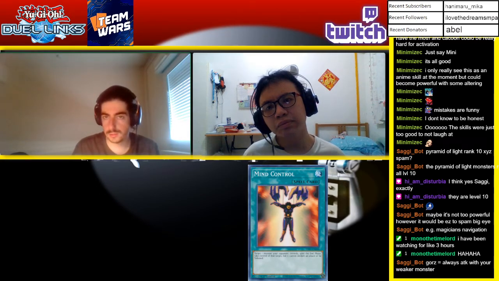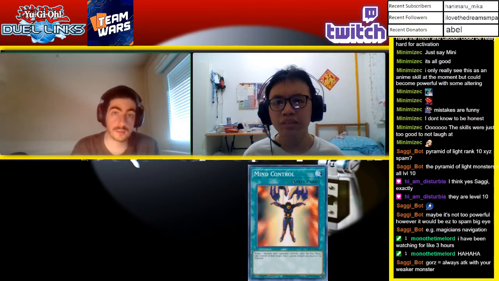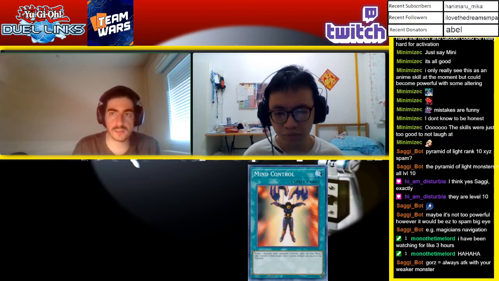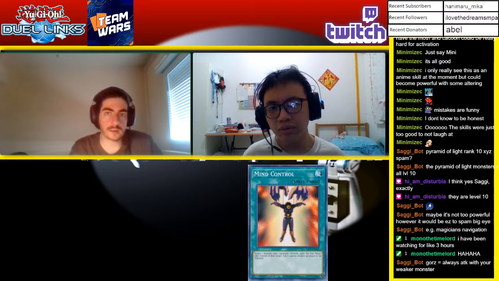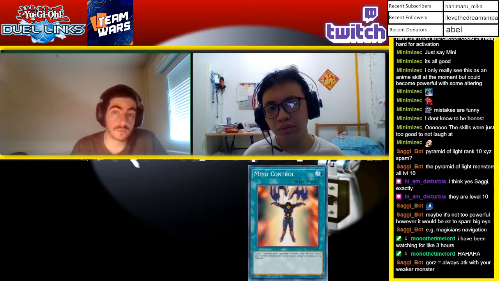Also, the restriction of making the monster unable to attack and not being tributed, and also giving the monster back until the end phase, means you can only use it to make extra deck summons, which is a big restriction for the card. So I think it is viable to be added to the game eventually.